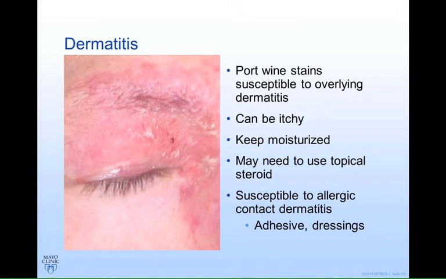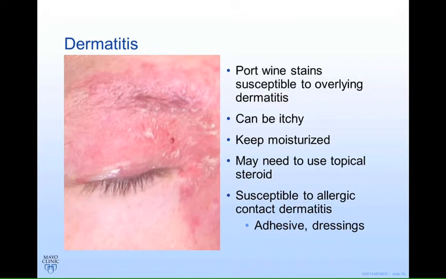It can be really itchy, and so I often recommend that people keep these areas really well moisturized. Good moisturizers to use are something bland, like something that's cream-based, that doesn't have preservative or doesn't have fragrance. It may have to have a little bit of preservative. Ointment-based moisturizers, just like plain petroleum jelly, are really good moisturizers. They're just a little bit greasy.